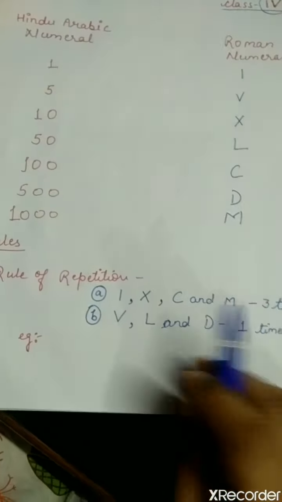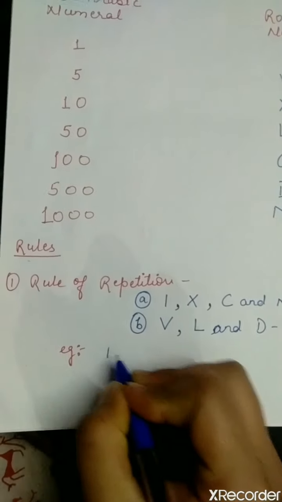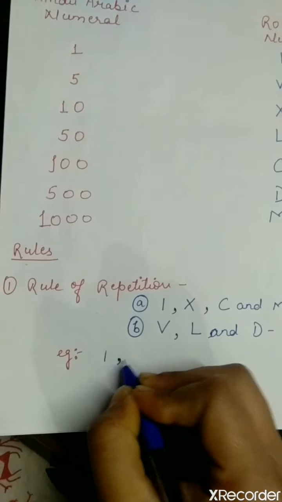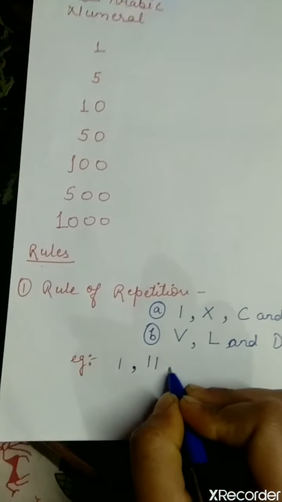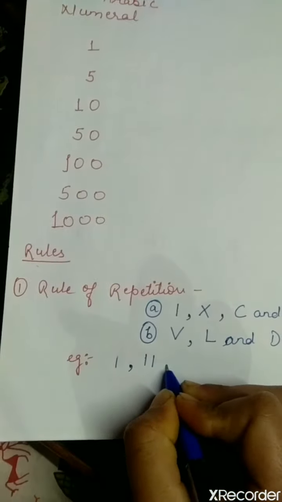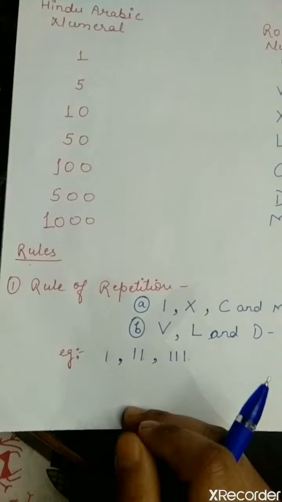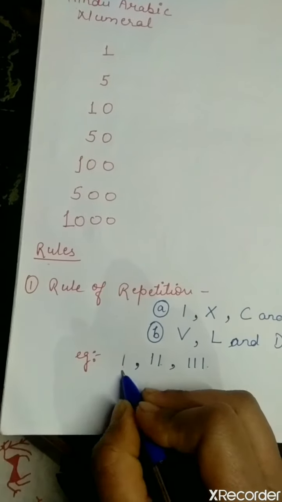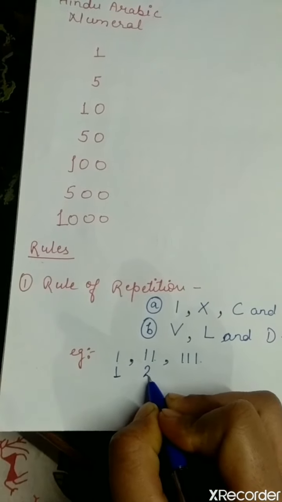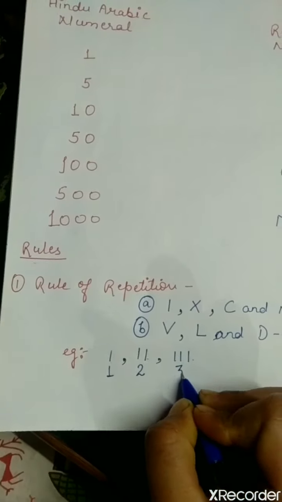We can write I, II, III, so in 3 times we can write I. One I represents 1, two I represent 2, and three I represent 3.